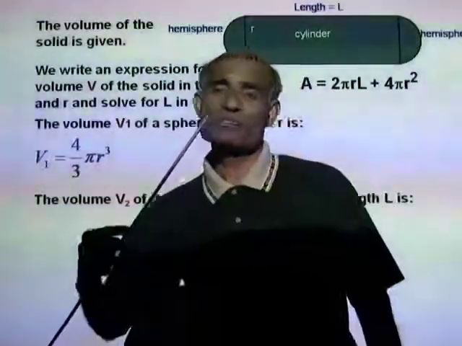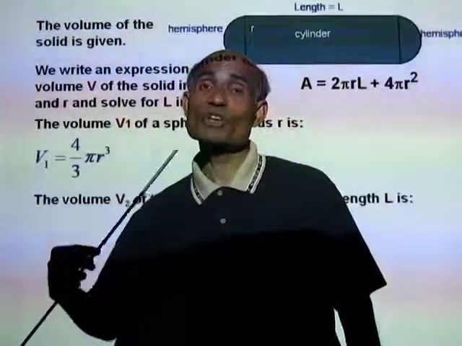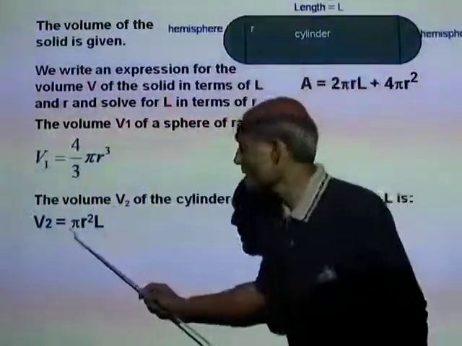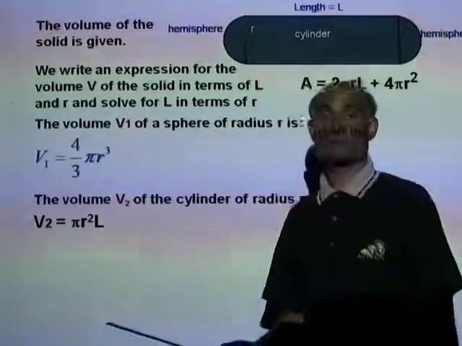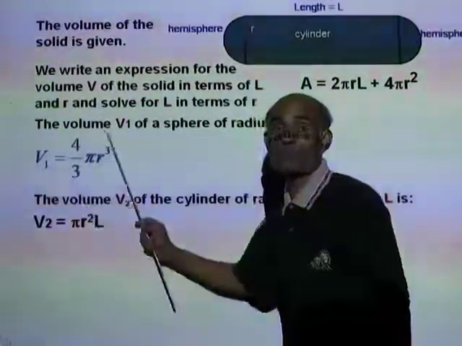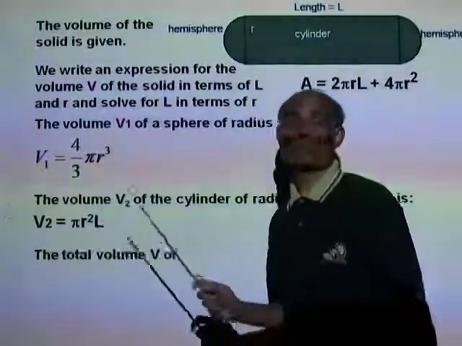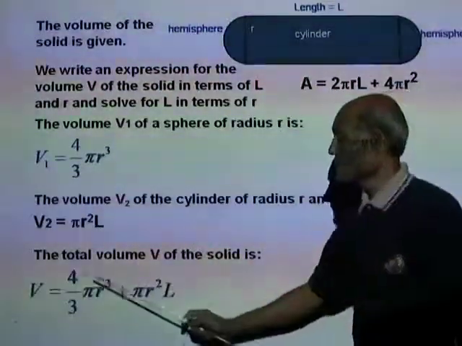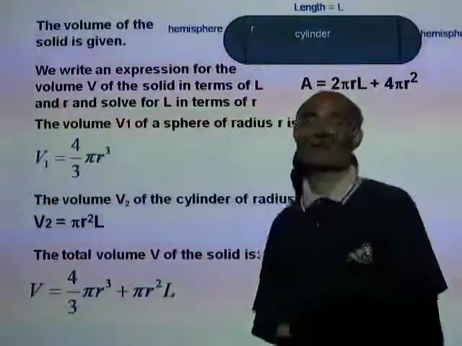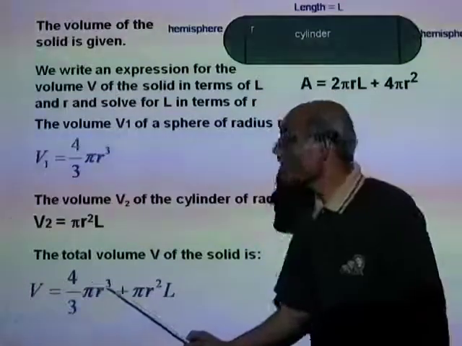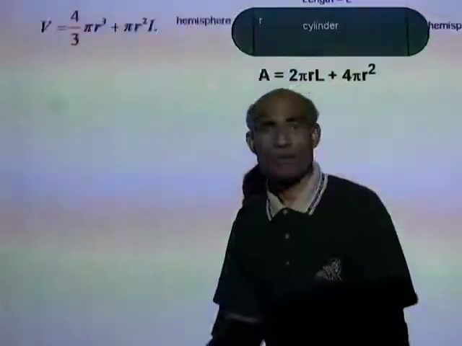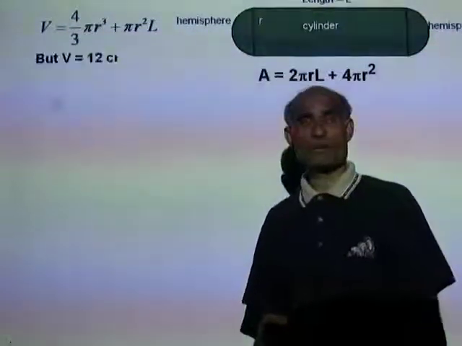We said it is the base area, which is the area of the circle, times its length, pi r squared times L. So the total volume is the volume of the sphere plus the volume of the cylinder, that is 4/3 pi r cubed plus pi r squared L. And this is given to us as, is that 12 meter cubed or meter squared?